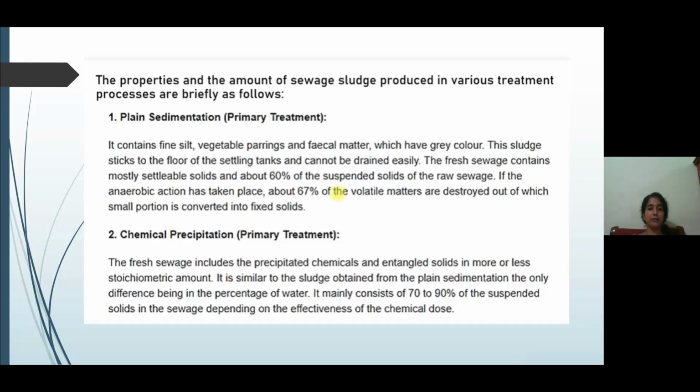Here all the values are given, that is 60% of suspended solids of raw sewage will be collected from the primary sedimentation tank, and 67% of the volatile matter is destroyed, out of which a small portion is converted into fixed solids from these plain sedimentation tanks. And in the sludge collected from chemical precipitation, that is also a primary treatment, here it may mainly consist of 70 to 90% of the suspended solids.